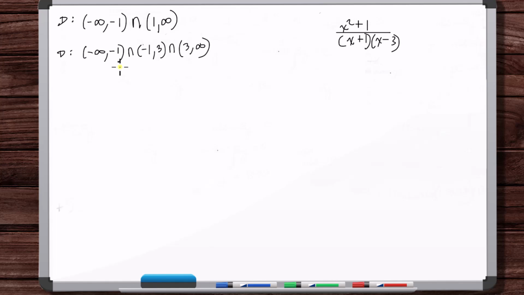The gaps in the domain are one single number each. But if the gap in the domain is more than just one single number, then you consider those endpoints. If it's just one single number, then you won't consider those endpoints. Those are actually going to end up being critical numbers every time.